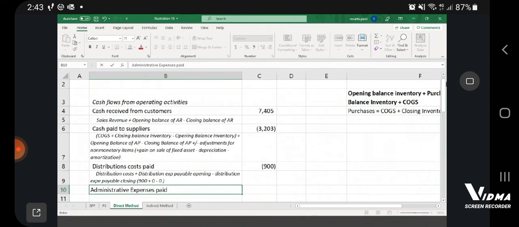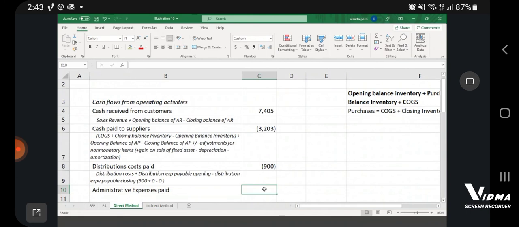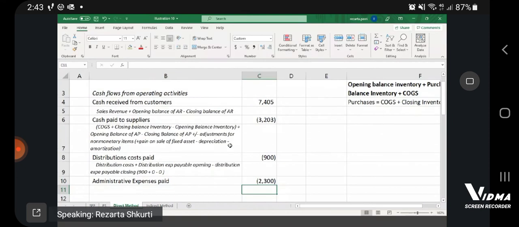How much are the administrative expenses paid? To make a long story short, as we do not have any administrative expenses payable in the beginning or in the ending balances, the amount that we have paid is exactly the amount of the expenses during the period. That is exactly $2,300.